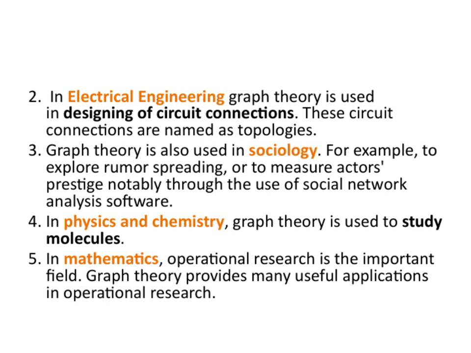In physics and chemistry, graph theory is instrumental in studying molecules. By representing atoms as nodes and bonds as edges, scientists can analyze molecular structures, predict properties, and understand chemical behavior more effectively. Finally, in mathematics, operational research is a key area where graph theory finds many applications.